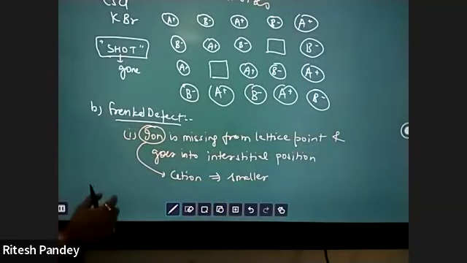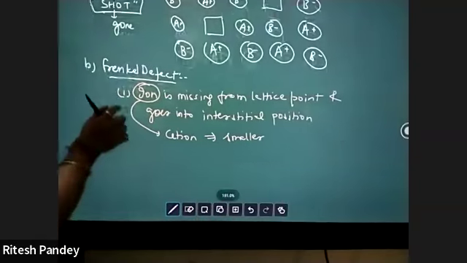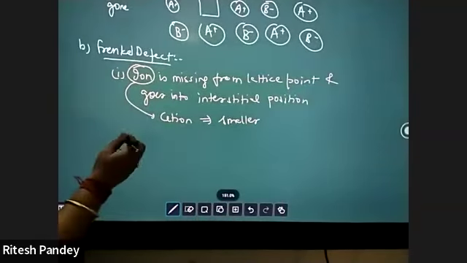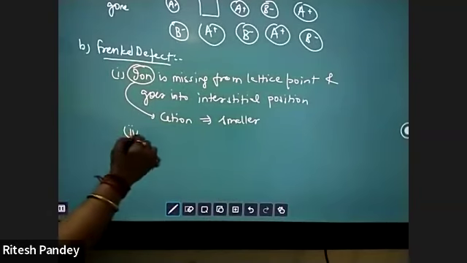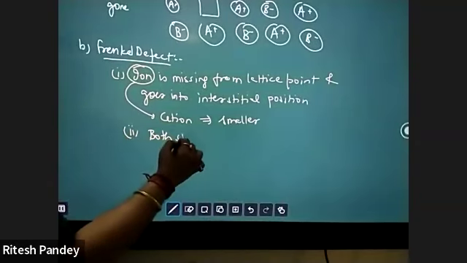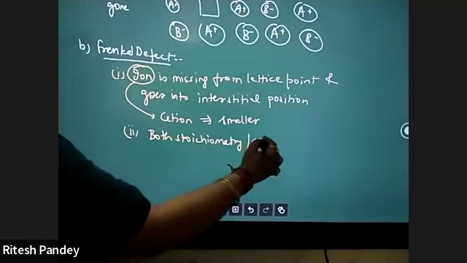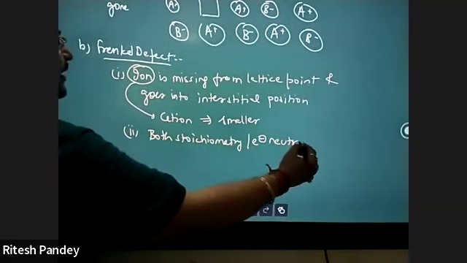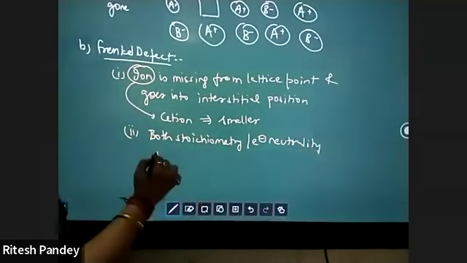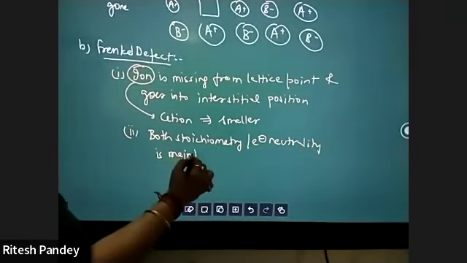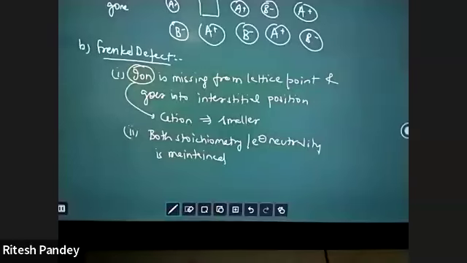Yet again, because there is no net loss, you can claim that both stoichiometry and electrical neutrality is maintained. So it's a kind of stoichiometric defect again.